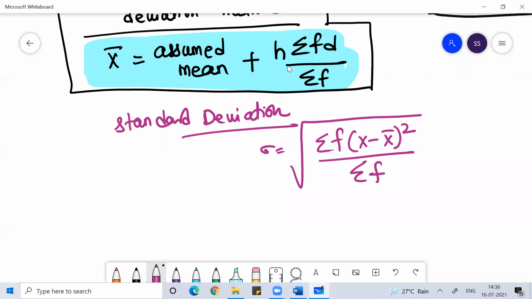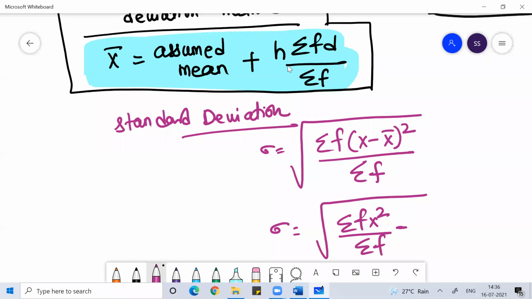Or you can use the formula: summation of fx square by summation of f minus summation of fx by summation of f, whole square. You can use any of these formulas and find the standard deviation.